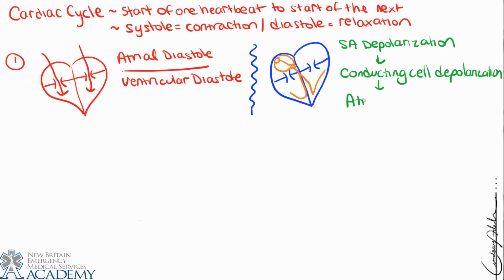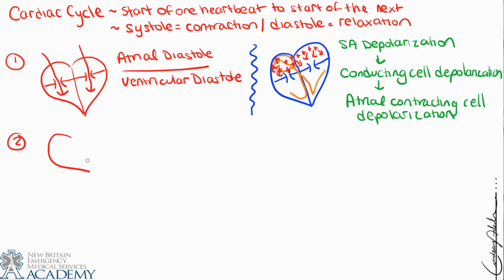So all of the atrial contracting cells will become depolarized. Once the atrial contracting cells become depolarized, we will travel through that non-pacemaker action potential and get to the point of calcium entry. And during calcium entry, we will have atrial contraction. For the purpose of clarity, both atria contract at the same time, and they both push the blood through into the ventricles at the same time.